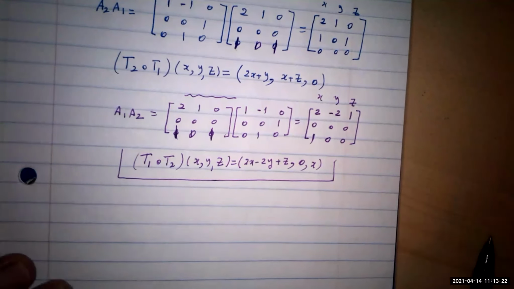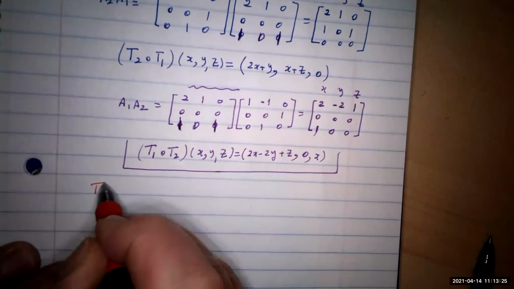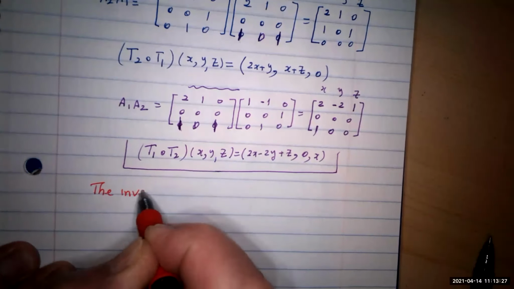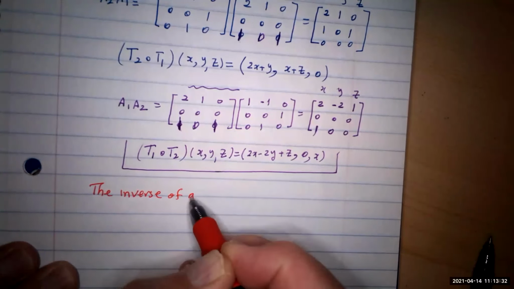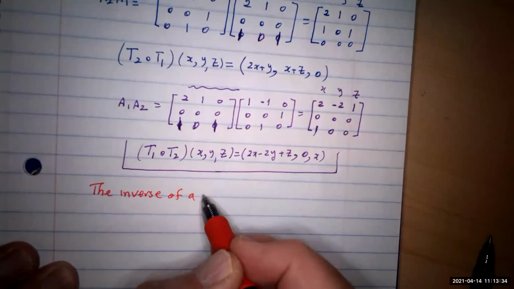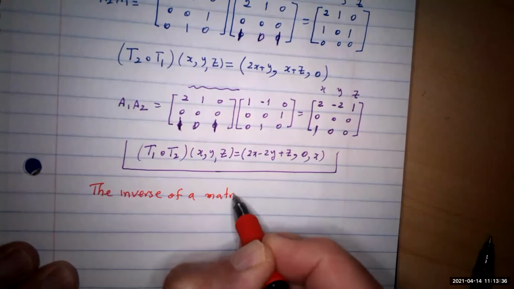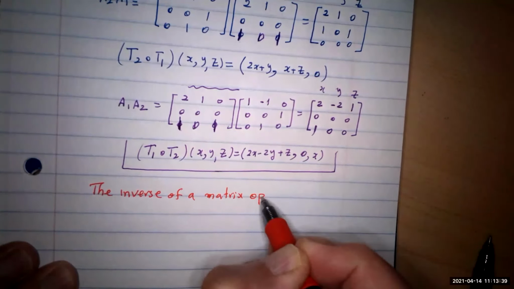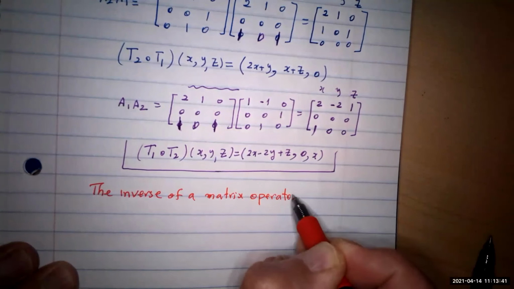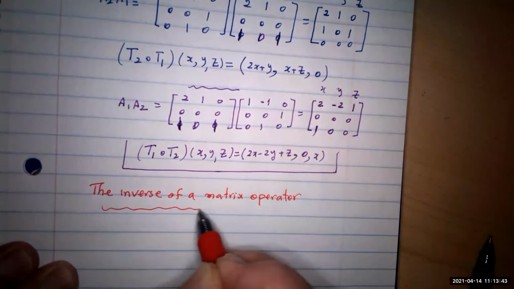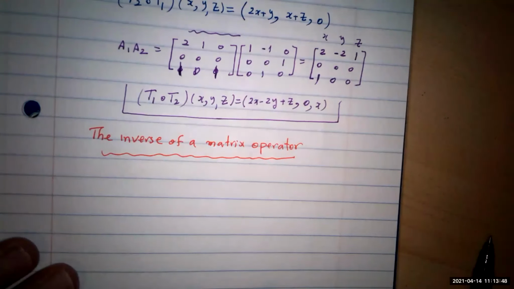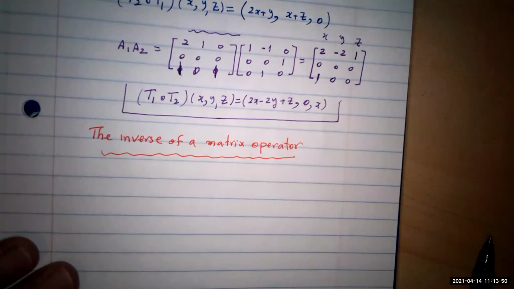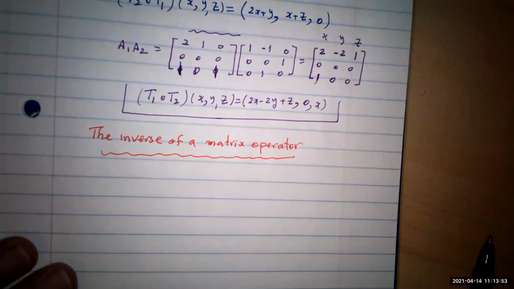So basically you want to find what is the inverse of a matrix operator. An operator is a linear transformation from one vector space to itself. If you have a vector space V, any transformation from V to V, they usually refer to it as an operator.